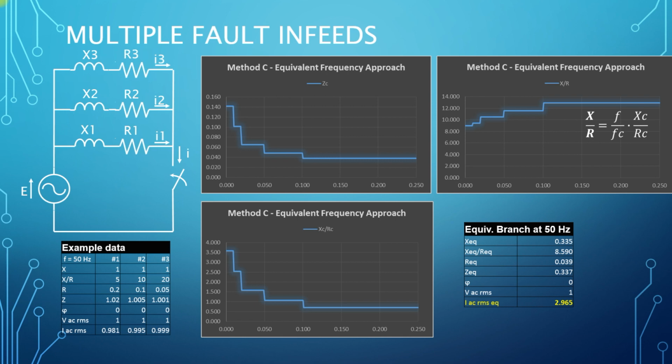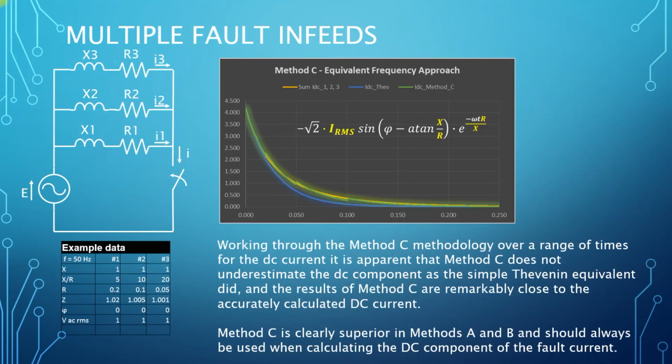So we now have all the information that we need to apply method C. So if we look at the results, we can plot this graph here. So by substituting the values which are appropriate for X upon R over the time scale that we are interested in, we can plot the DC component of current.